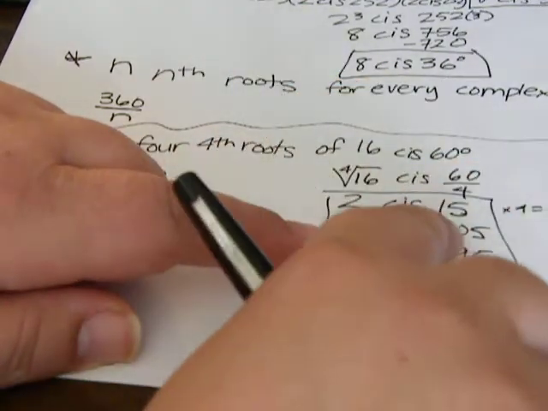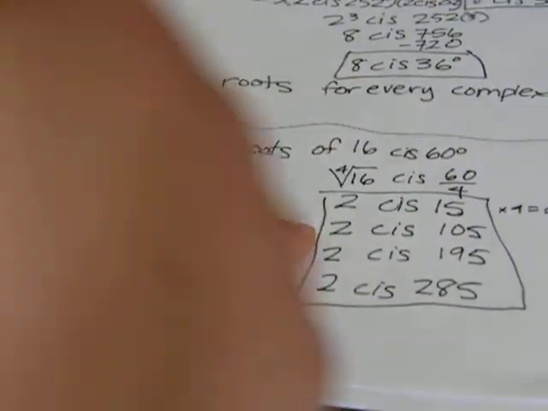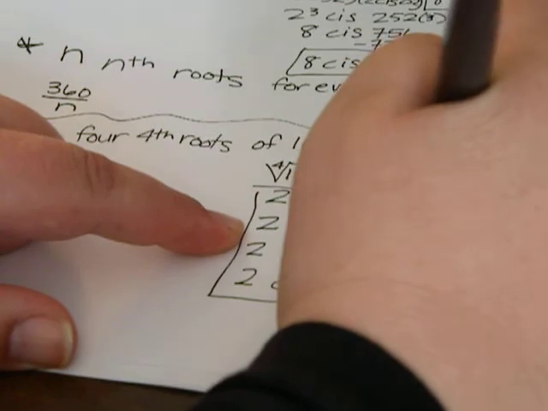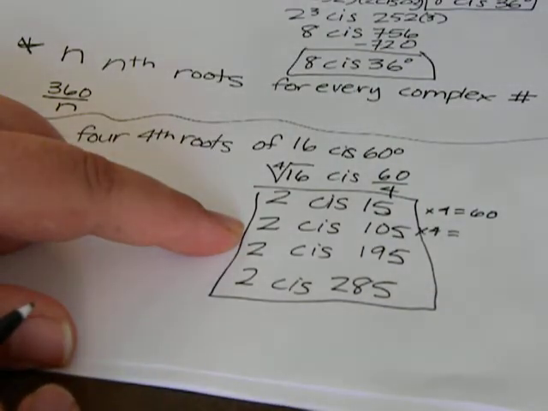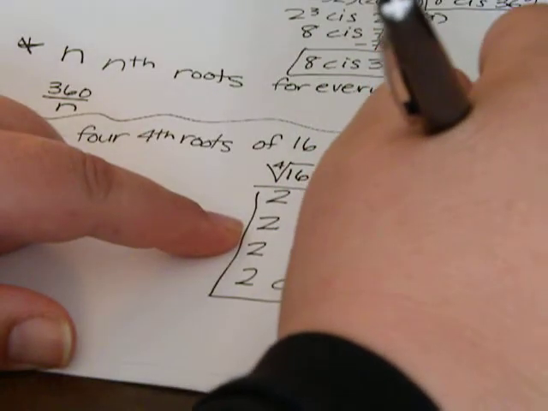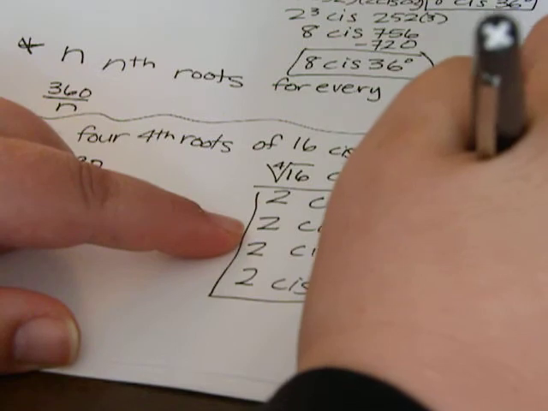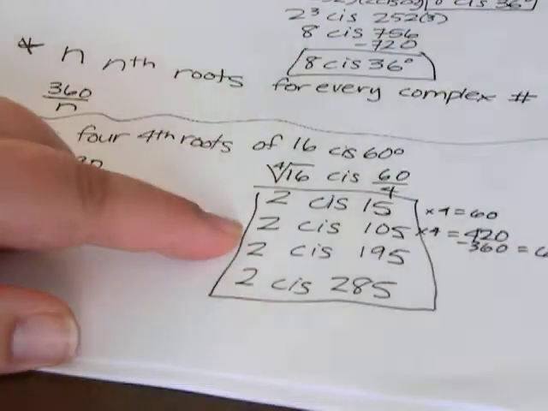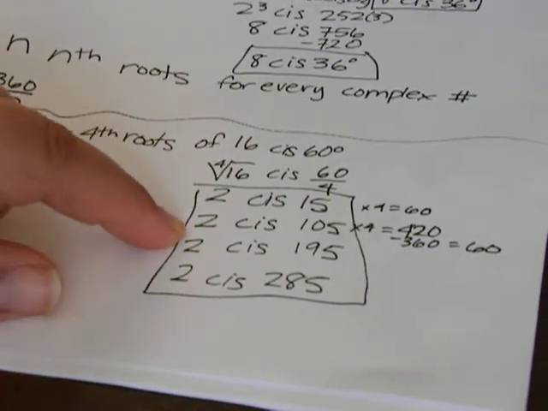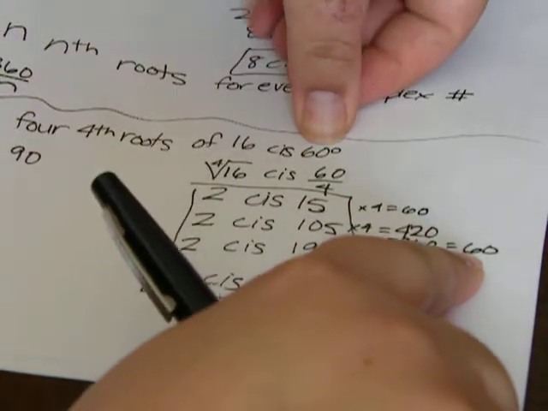2 to the 4th is 16. 105 times 4 is going to give me 420. If I subtract 360 from that, I get 60. And so that is what I wanted. 60, 60.